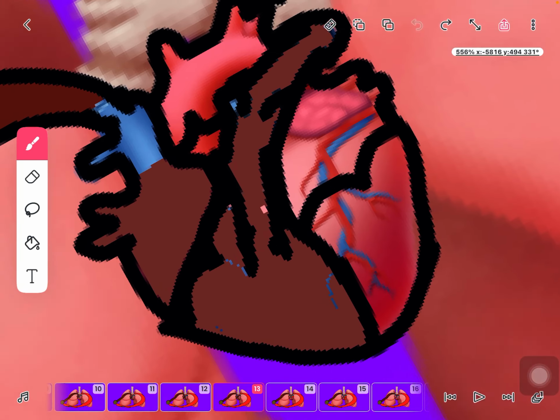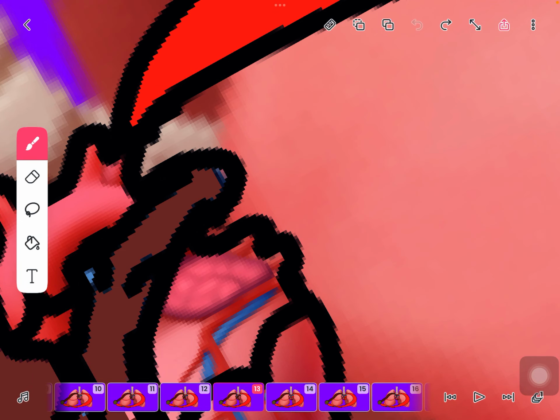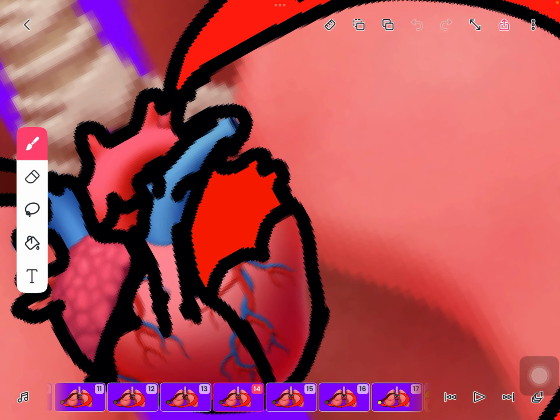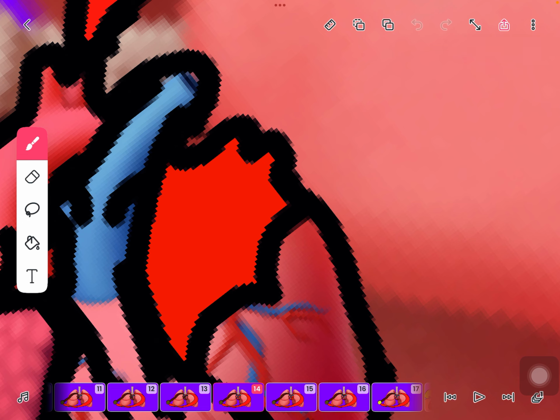So yeah, next, the blood is in the lungs, getting its oxygen, and now it goes out of the lungs in the left atrium. And in the left atrium, the blood relaxes for a bit.